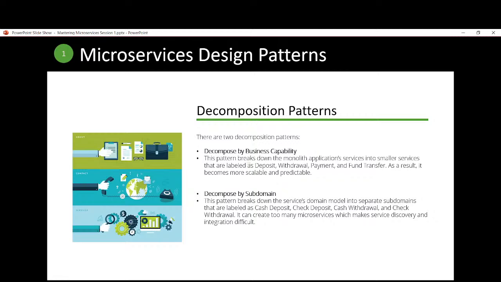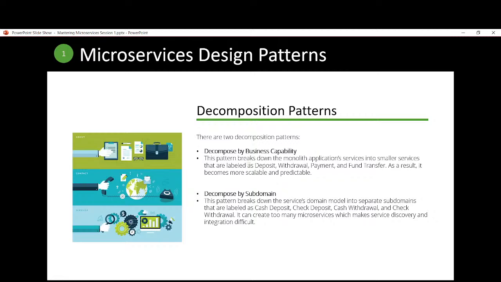So we have different microservice design patterns here. The first one is decomposition patterns. There are two decomposition patterns. The first one is decompose by business capability, and the second one is decompose by subdomain.